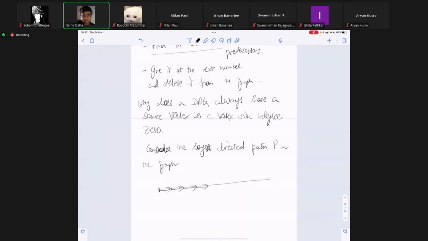It looks like something like this. It's a directed path. It's very simple. Now I claim the first vertex in this path. So suppose this path is U1, U2, ..., UK. Then claim: U1 is a source in G.